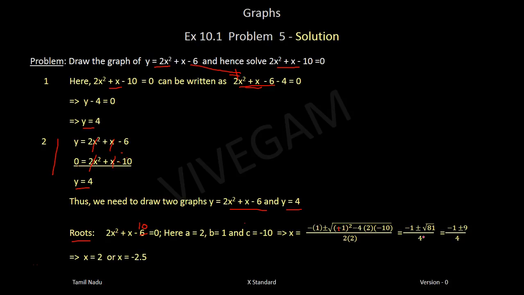So this becomes root 81 by 4, so it will be minus 1 plus or minus 9 by 4. If you add, minus 1 plus 9, that is 8 by 4, you will get 2, or you will get minus 1 minus 9, that is minus 10 divided by 4, that is minus 2.5, right? So you have two roots, x is equal to 2 and x is equal to minus 2.5.